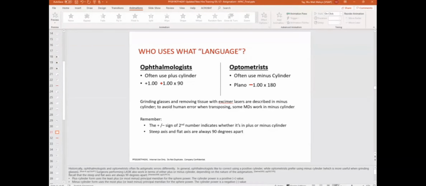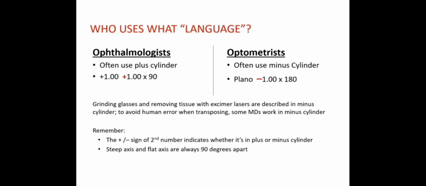And when you're using minus cylinder, it represents the flat axis in the opposite direction. This is important because when you are looking at the toric calculator and looking at the results, you want to know whether the flat axis or the steep axis is being represented. We're going to talk about that later on.